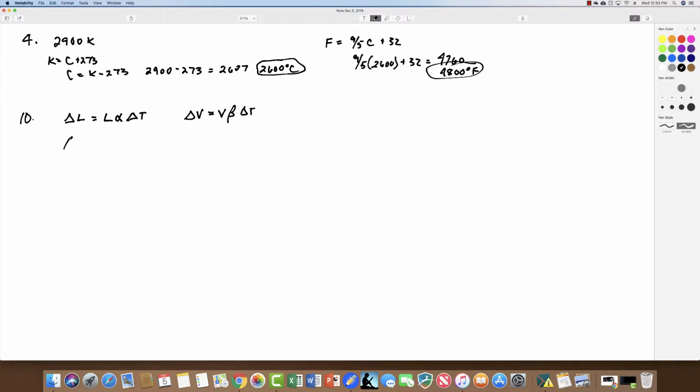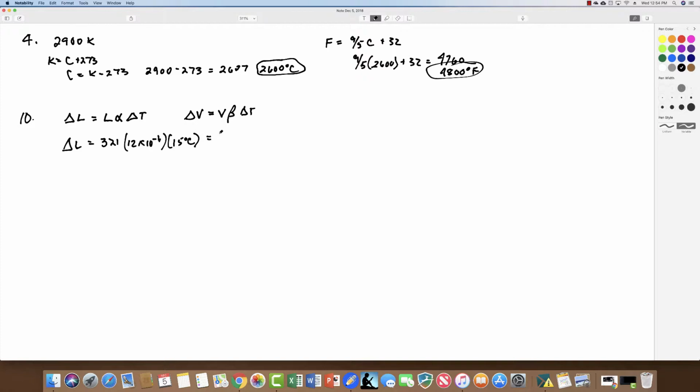Okay, so how much taller? Delta L is how much taller, and is equal to 321, the original height, 321 meters, times the coefficient of linear expansion for steel, which is 12 times 10 to the minus 6. And then the change in temperature is 15 degrees centigrade.